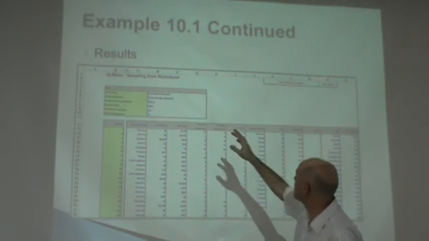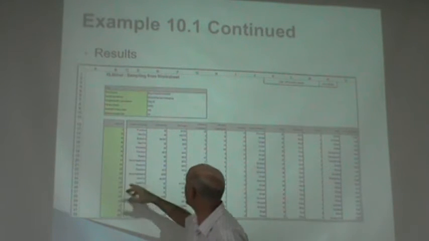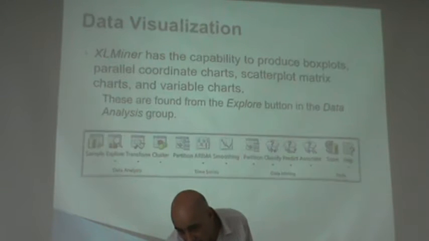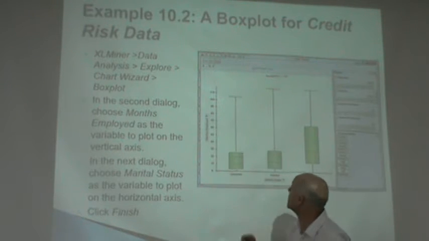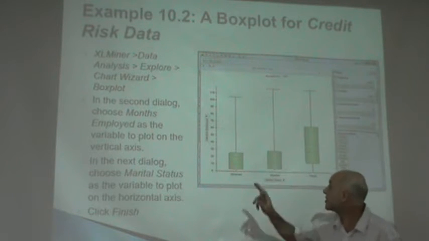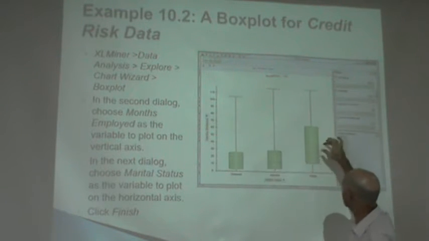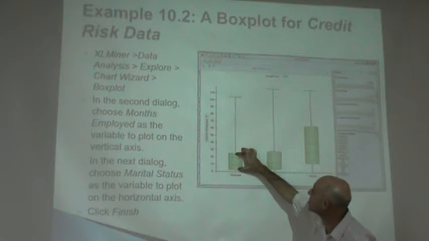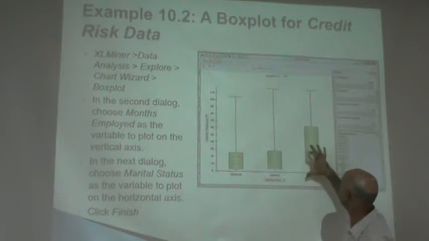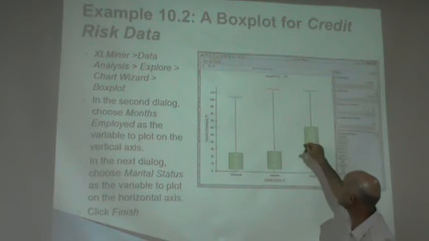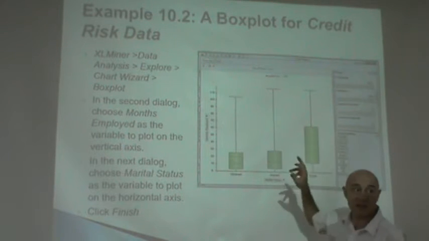And it gives you some results and it tells you what it is. Again, for data visualization, you can use different types of charts, with these little bars showing the ranges of months of being employed, and you see single guys have usually more months of being employed.